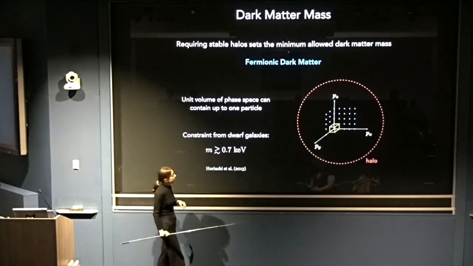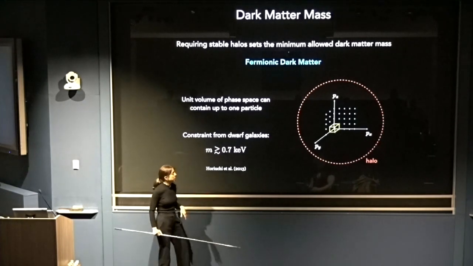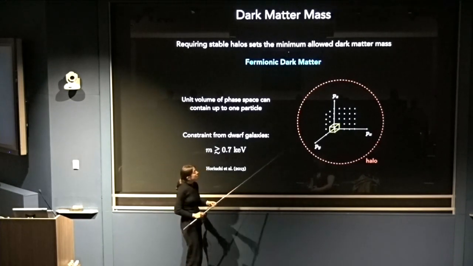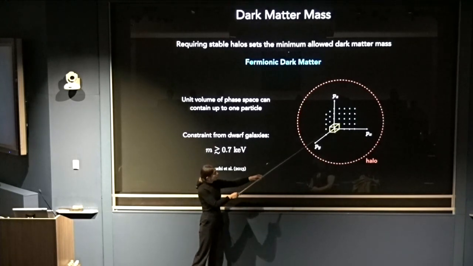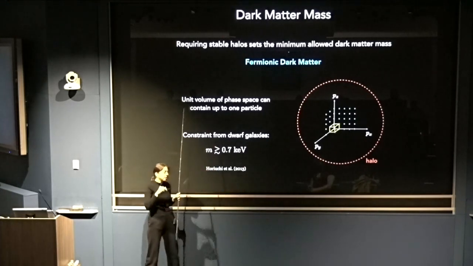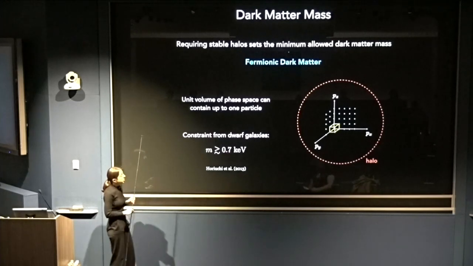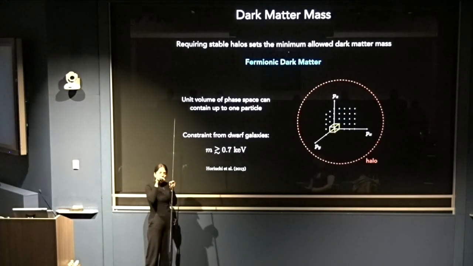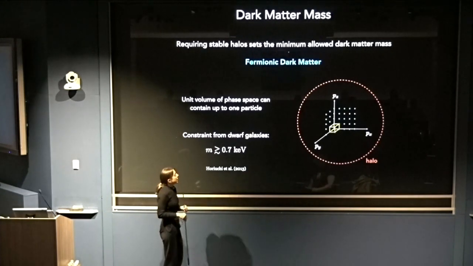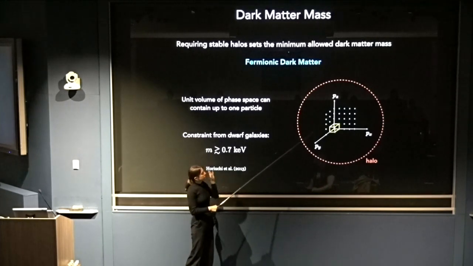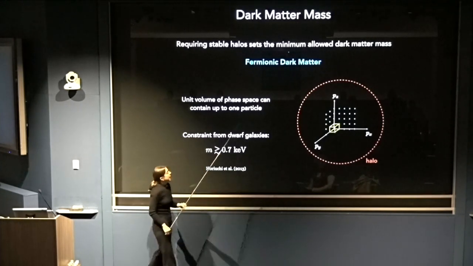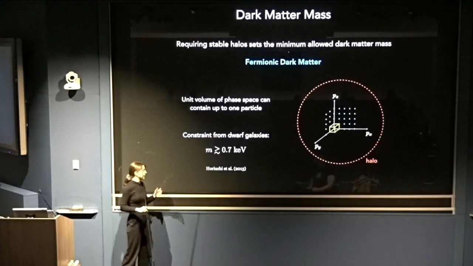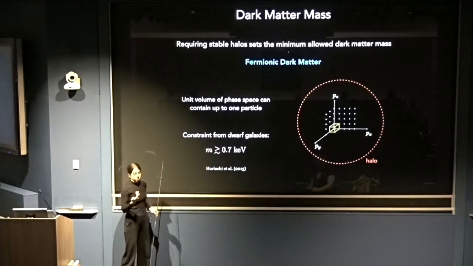If instead my dark matter was not a boson, but a fermion, and I wanted to pack everything into this halo, I'd only be able to put one dark matter particle in any unit of phase space that's allowed in that halo, in the same way that when you're packing electrons around some atom, you can only pack them in very specific ways. And so that actually changes the number of dark matter particles that I can squeeze into that halo. And that in turn ends up creating a very different mass range in which you can have these kinds of fermionic dark matter particles existing.